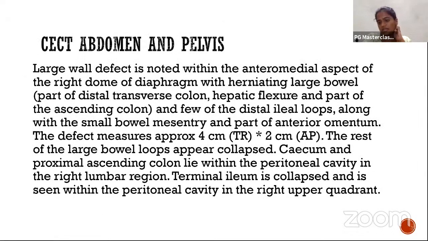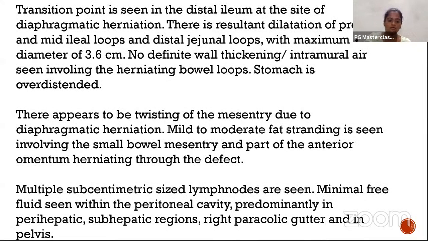Yes, ma'am, they had mentioned a herniating large bowel, part of the distal transverse colon, hepatic flexure, and ascending colon, and few of the distal ileal loops. The proximal and mid ileal loops were dilated due to herniation of the distal ileal loops and colon.